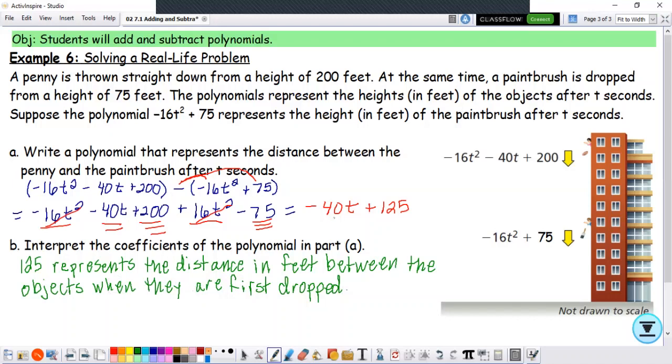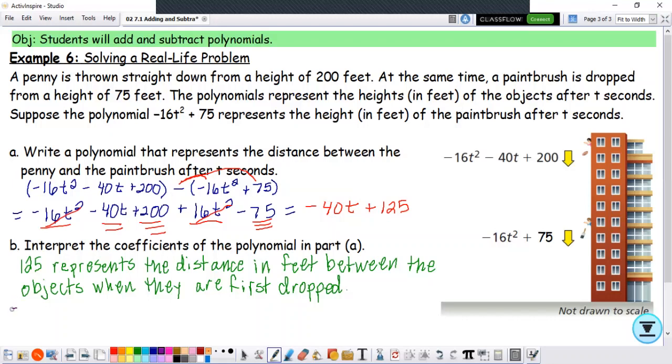But what about the negative 40, the leading coefficient? Well, if we think about this in terms of being a linear equation, this would be a rate of change. So this would be telling me how close the objects are getting to each other, or how that distance is changing between the objects each second in time.